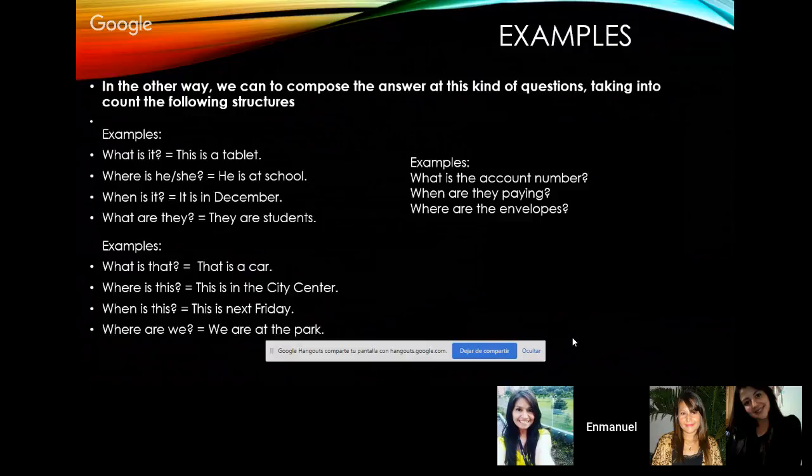What is this? This is a table where WH word, to be verb, is a noun or pronoun, he or she. Where is he or she? He is at school. And we can see it in each one of these examples.